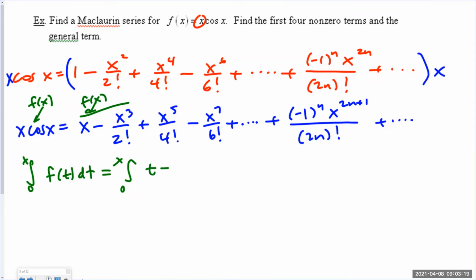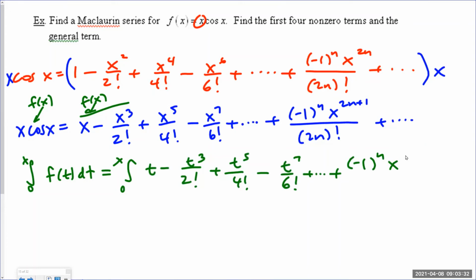So I'm going to plug in a t everywhere there's an x. Does that make sense to you? And of course this is a dt.